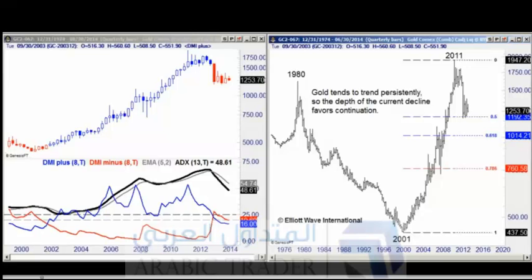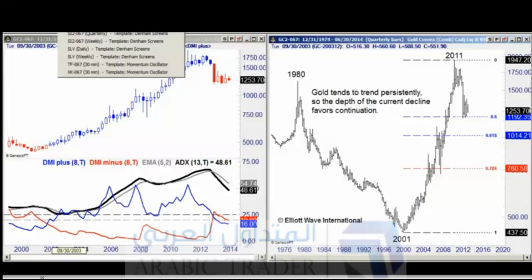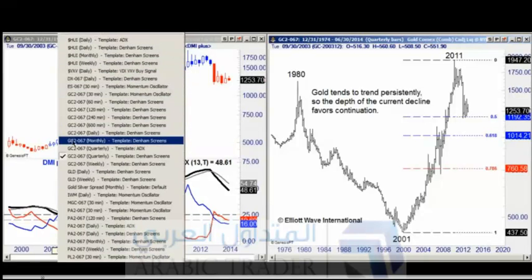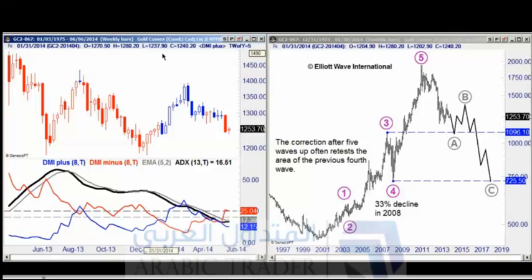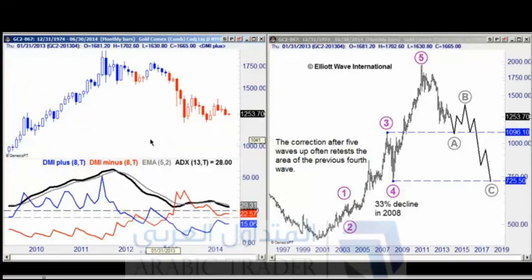And so let me shift over to the monthly chart, and I'm going to change my ADX study over to the monthly time frame. And here you can see the wave count that makes sense. That last 10-year rally was very likely a 5-wave move, 1 and 2, and then wave 3, and you can see 1, 2, 3, 4, 5 of 3.